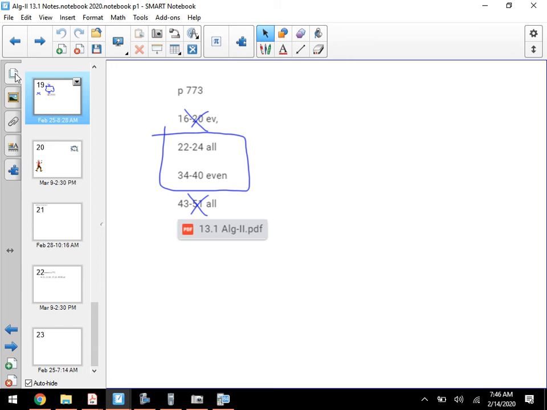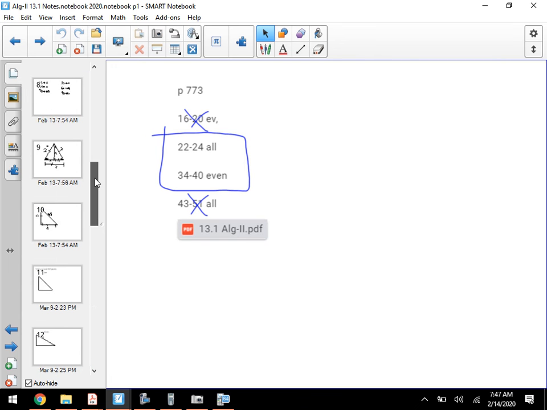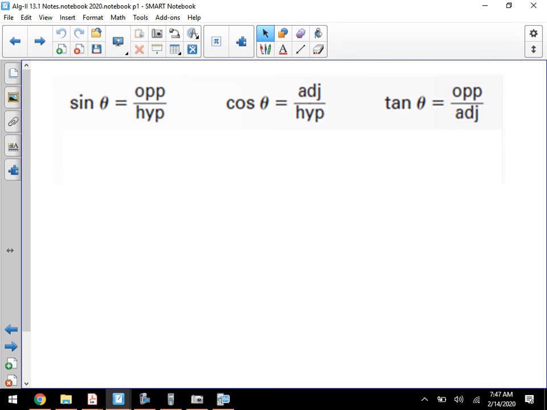So back to the good old-fashioned SOHCAHTOA stuff. Yesterday we dealt with these things, okay? And what we did was, we all know that SOHCAHTOA, all the sine, cosine, tangent, opposites, adjacents, hypotenuse, are all dependent upon perspective. You guys understand what I mean by perspective? Remember, it's like which angle are you working with?